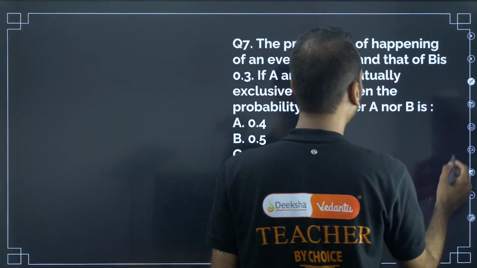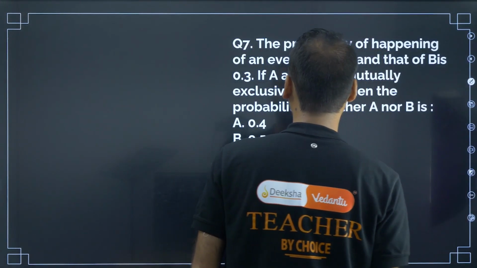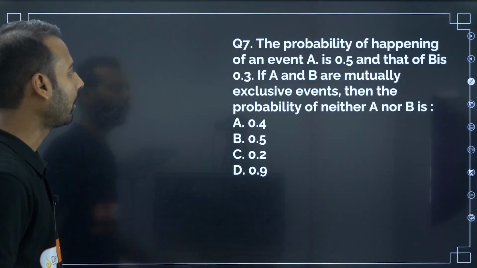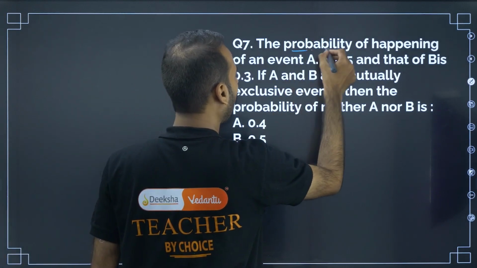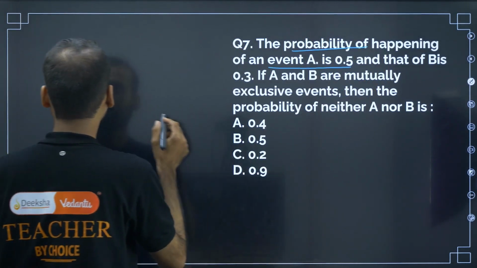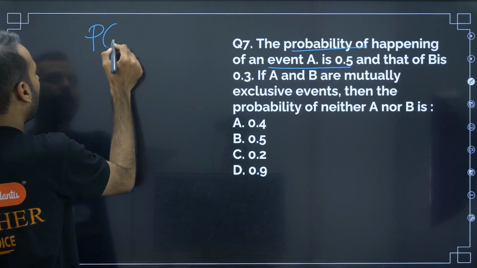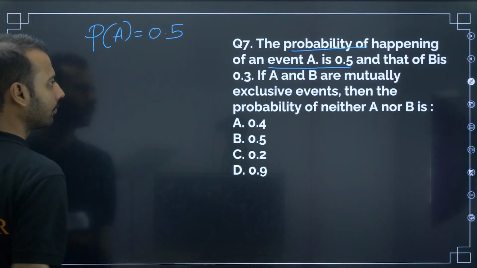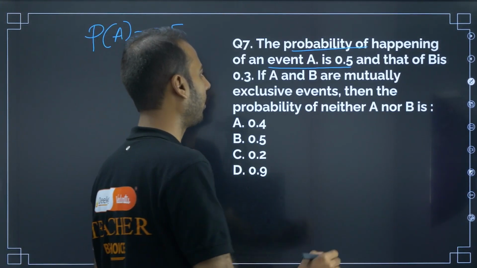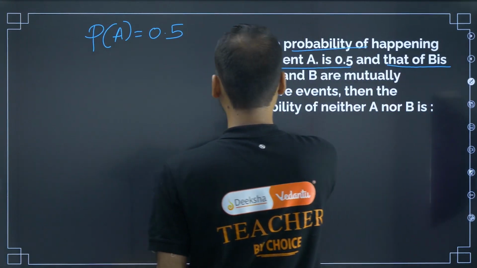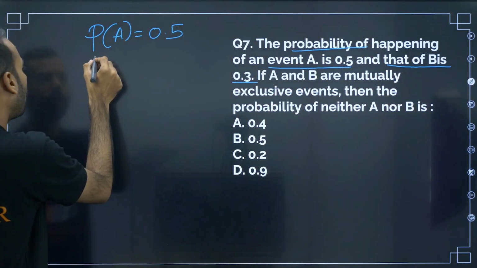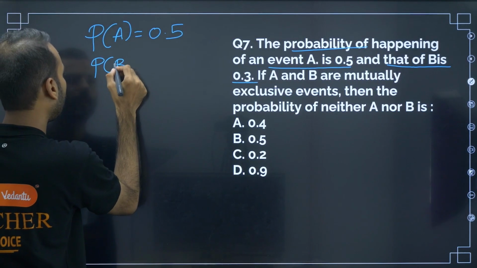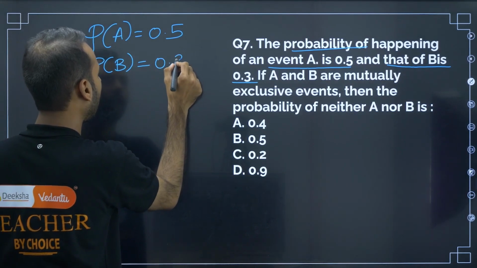The probability of happening of an event A is 0.5 and that of B is 0.3.